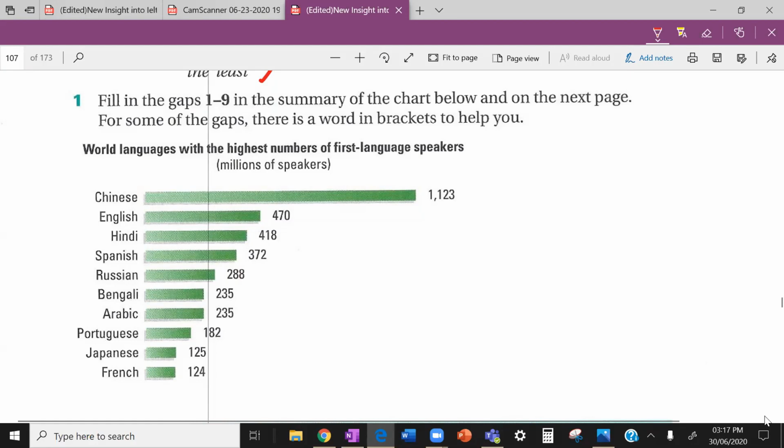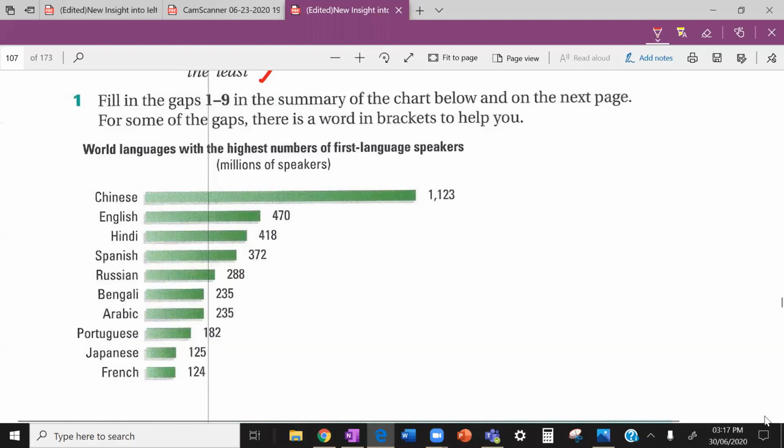So now, in 2-3 sentences, you can explain what this bar graph explains further related to the different world famous languages or the highest number of first language speakers.